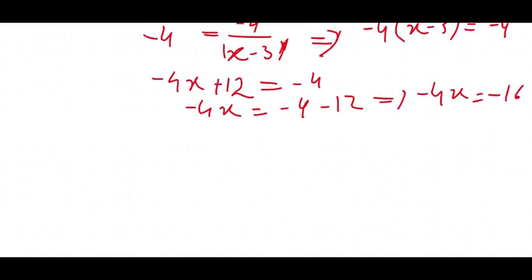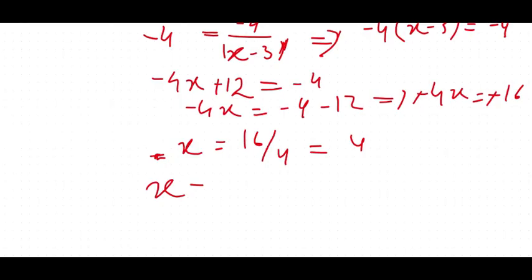Now this minus cancels with this minus, so we get x equals 16 by 4. And we have the x value equal to 4, okay? So we get x equals 4.